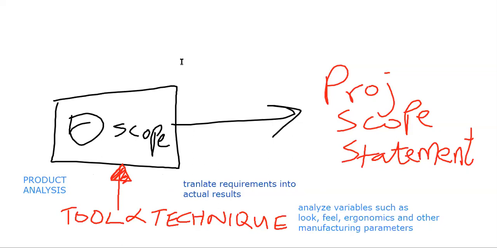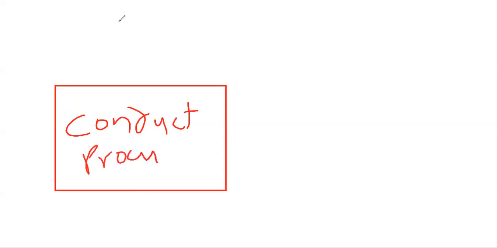Your next question is from the area of procurement. In the process known as conduct procurements, we have a major output that does not come from anywhere else.